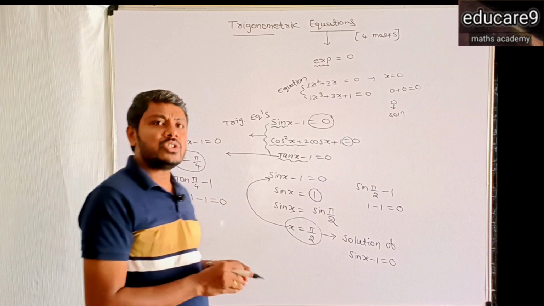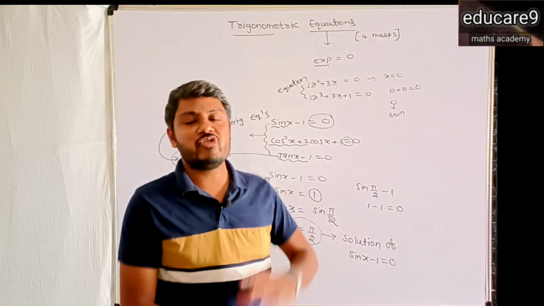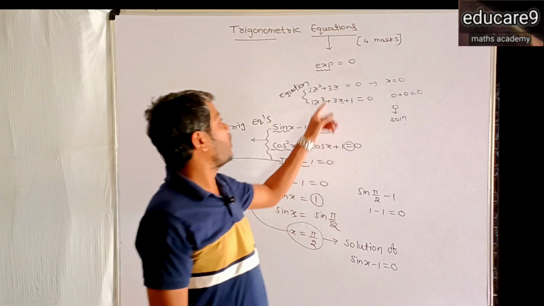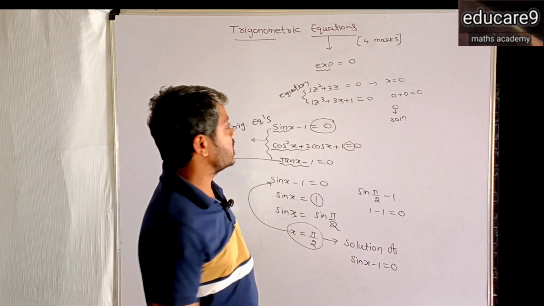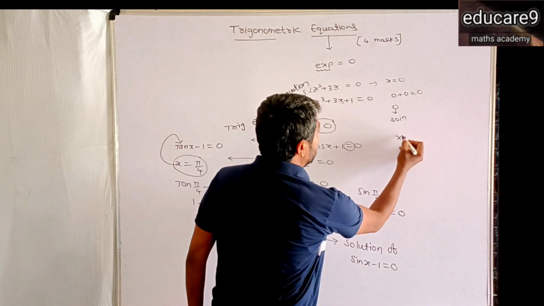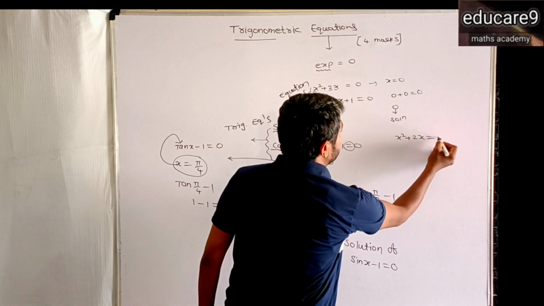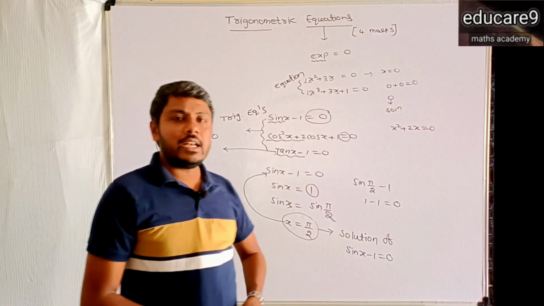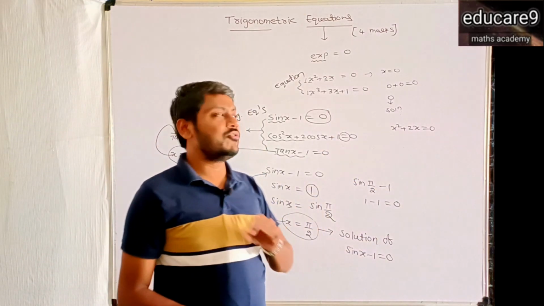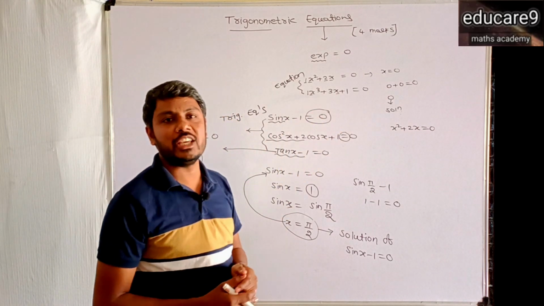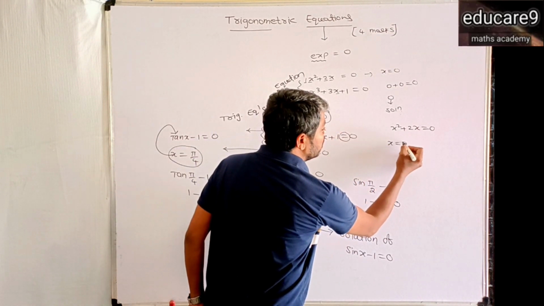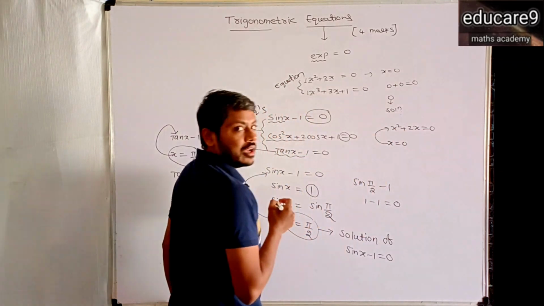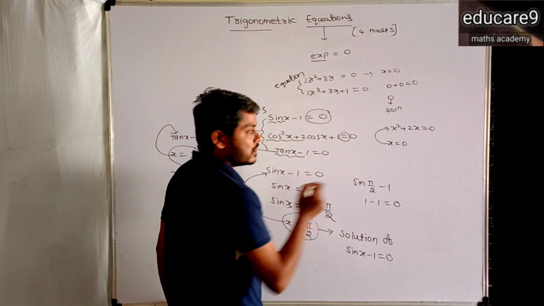Now, how many solutions are there for trigonometric equations? For polynomial equations, if you observe the first example, x square plus 2x equals 0, how many solutions are there? If you substitute x equal to 0, the 0 satisfies the given equation.